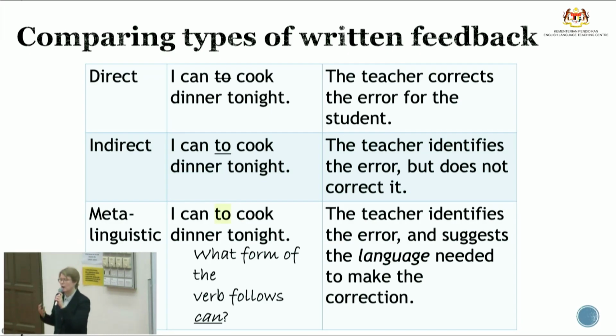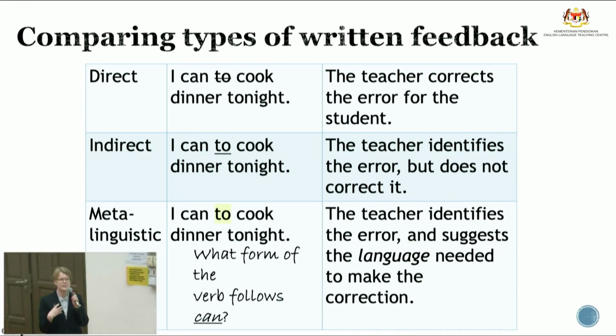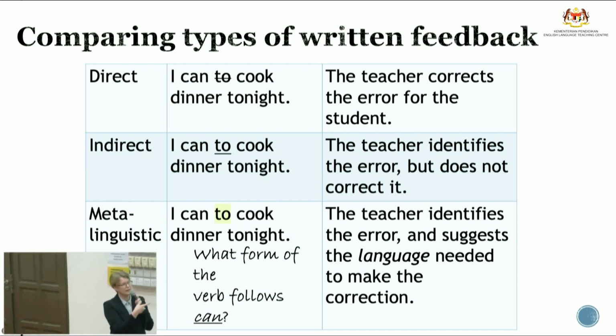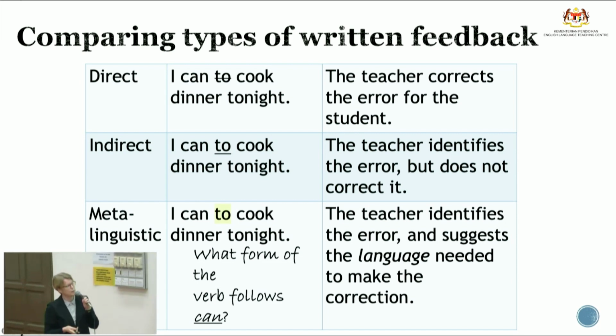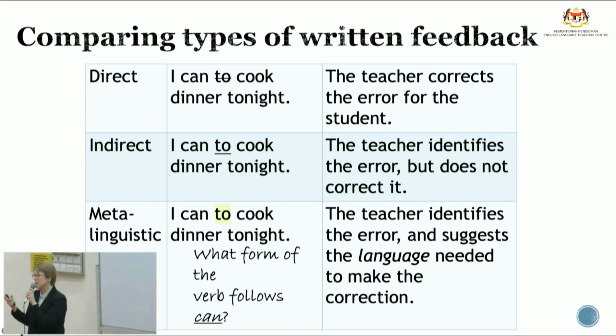Or if you're around to provide the explanation if they need to ask, then indirect also works. But a lot of research points to metalinguistic feedback. Metalinguistic feedback is you're identifying the error and suggesting what needs to change. So students can see the error, they notice the error, but then they also have direction for how to make the correction.